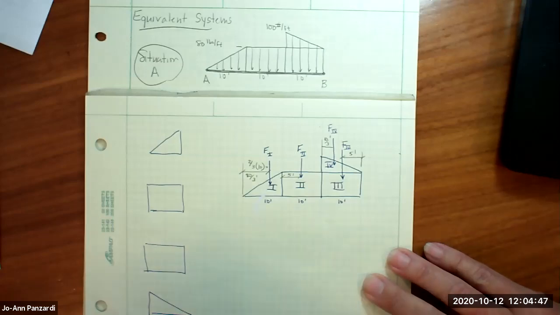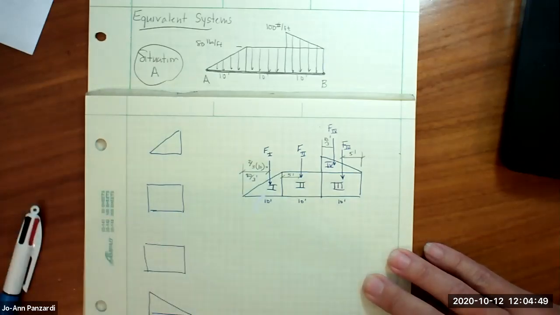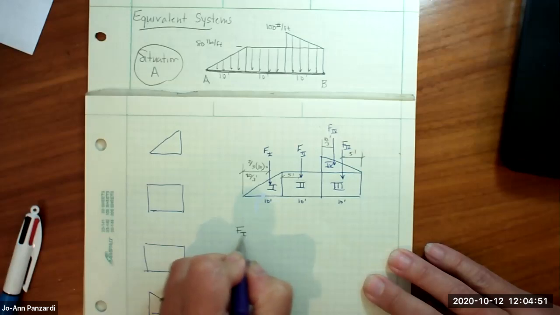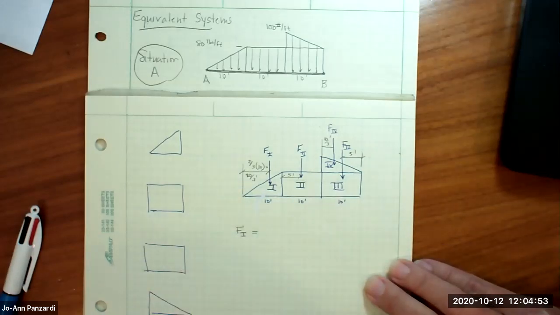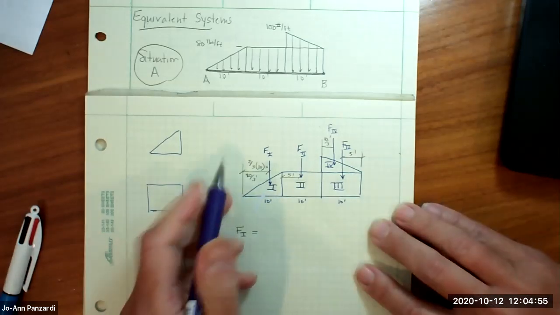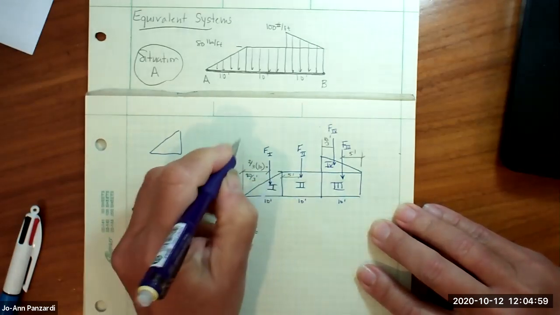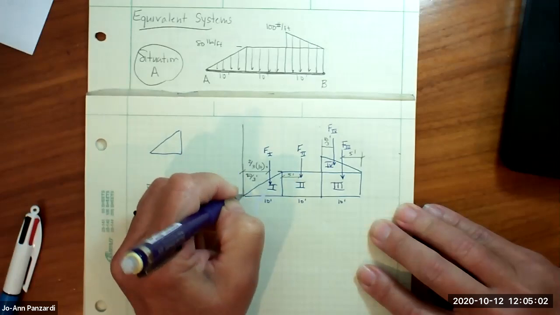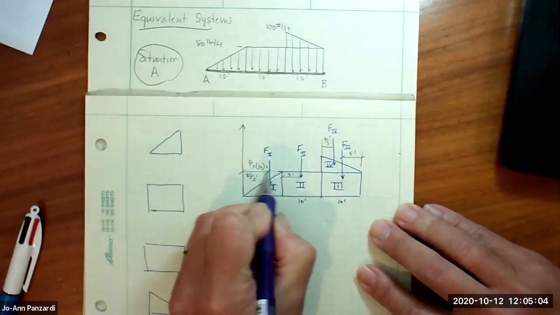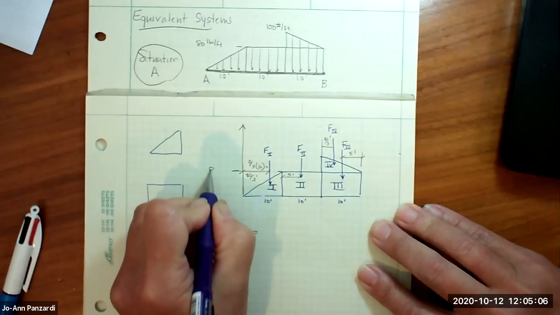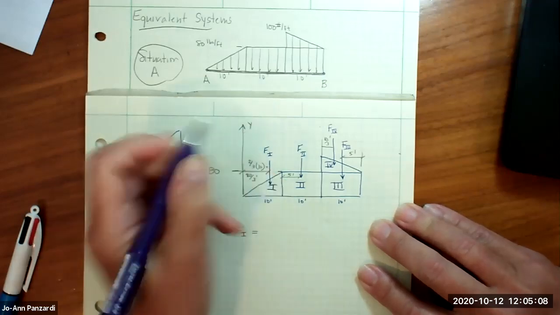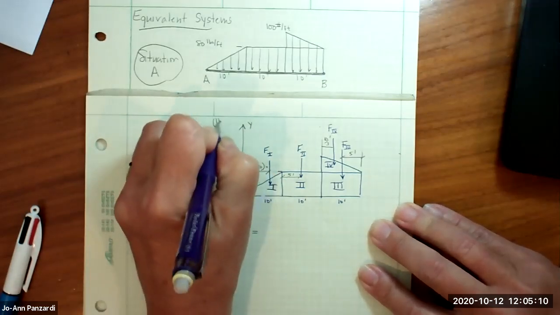And now I have to calculate the forces. So F1, knowing that we know its area, let's just draw it over here on the y-axis. This right here is 80, and this is all in pounds per foot.